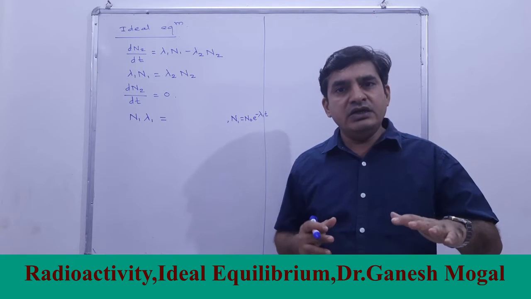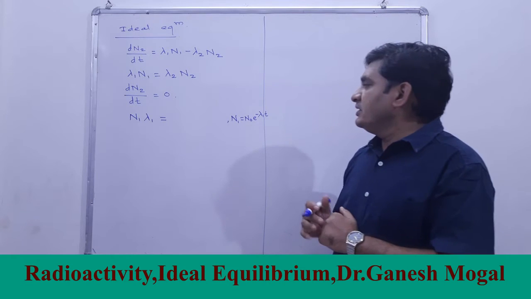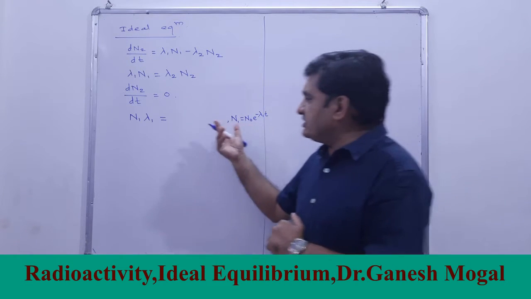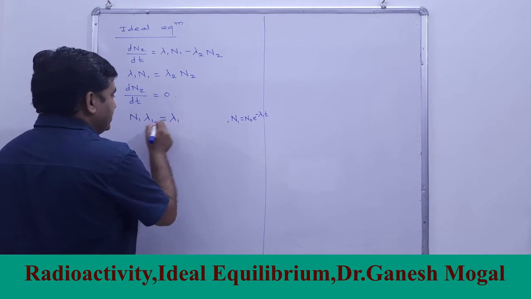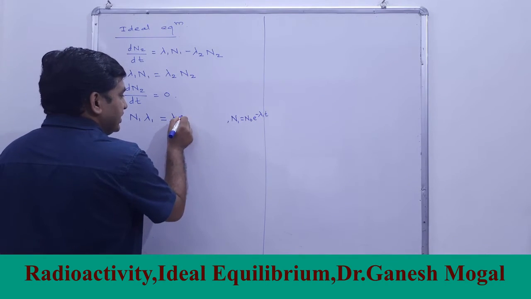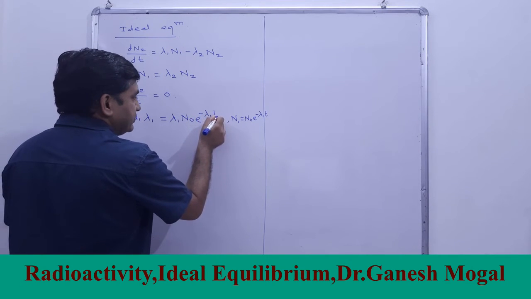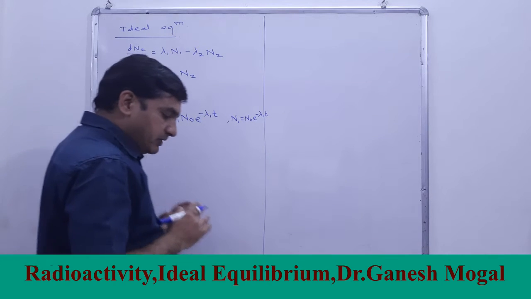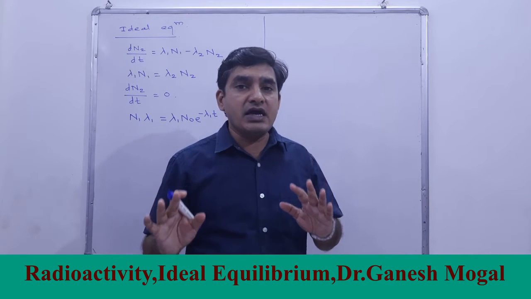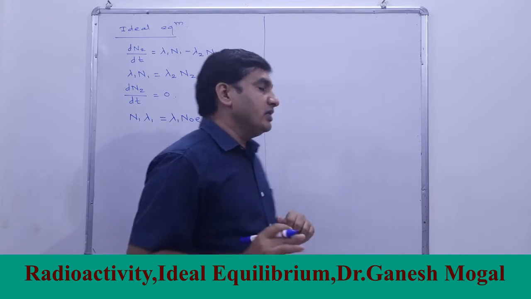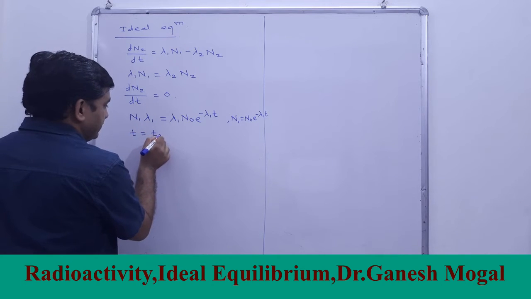The radioactive nuclei disintegrate exponentially with time. Therefore, this equation can be written as lambda 1 N1 is equal to lambda 1 N0 e raised to minus lambda 1 t. But the ideal equilibrium happens only when time t is equal to Tm.